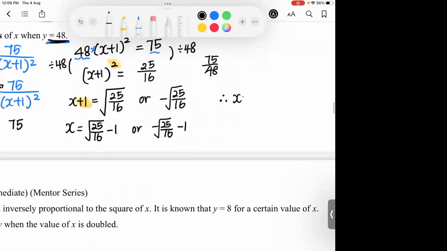Therefore, x equals square root of 25 over 16 minus 1. Make sure the minus 1 is outside your square root. So this will be 1/4, or the negative one will be negative 9 over 4. 2 answers.